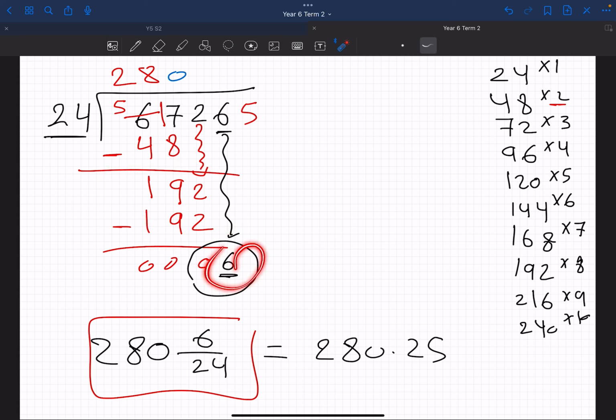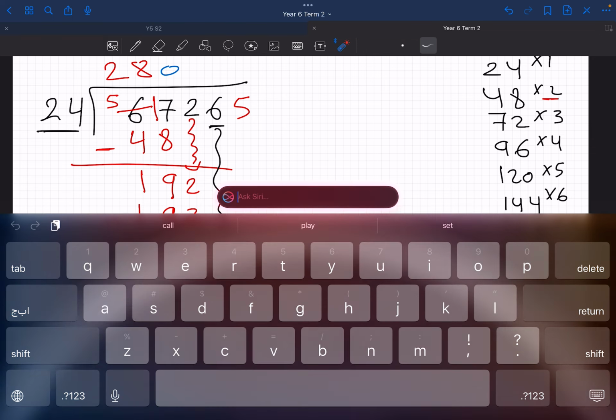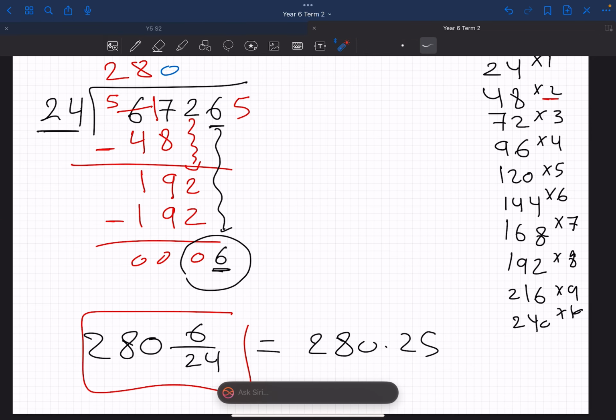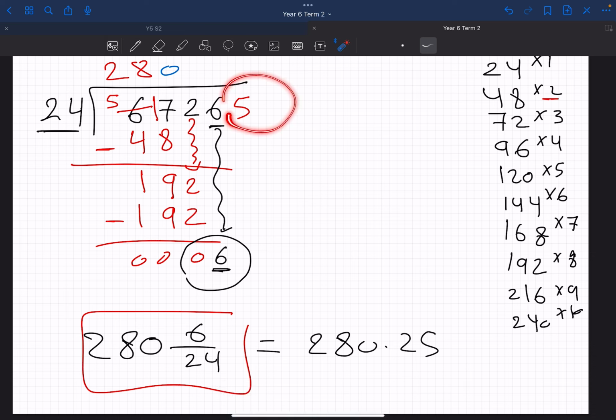Now, do I have 6 in the times table of 24? I don't. So I would have to put the 5 down. How? I cannot put the 5 down unless I add 0 up. After I added 0 up, then it's okay. I can put the 5 down. Understood? Do you understand what I'm trying to say here? Hopefully you understand. You can always replay the video.